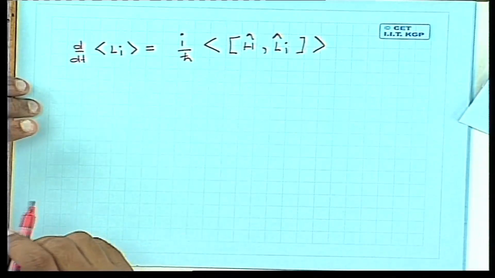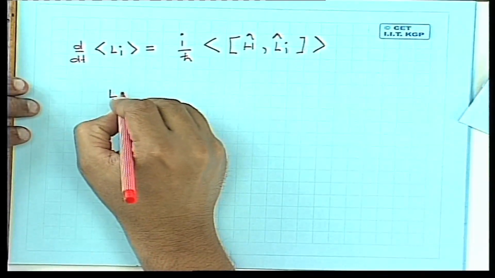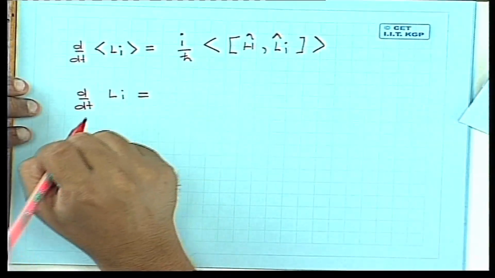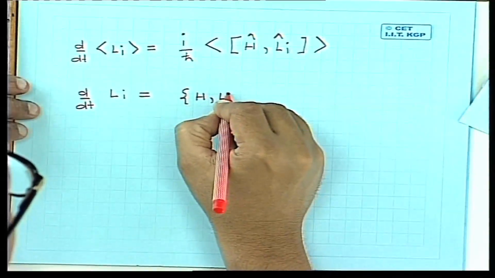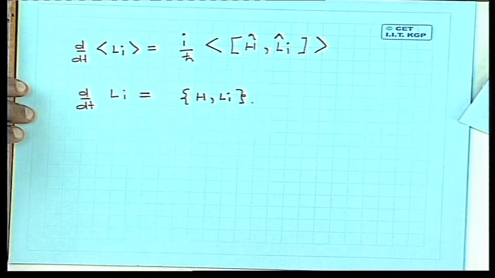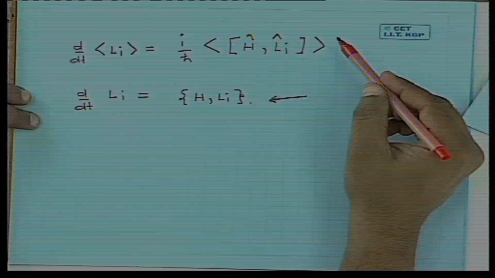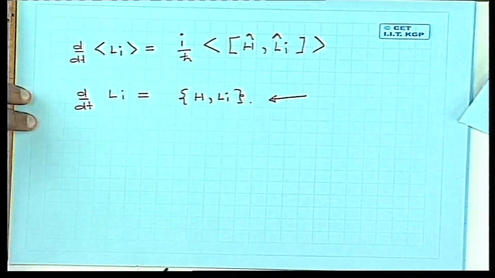The classical equation for the angular momentum will be d by dt of L equal to the Poisson bracket. In classical mechanics there is something called the Poisson bracket, which you might or might not have encountered, but the corresponding equation in classical mechanics is this. So the evolution in quantum mechanics is exactly analogous to the evolution in classical mechanics, except that you have to introduce the expectation values, and i and h cross.